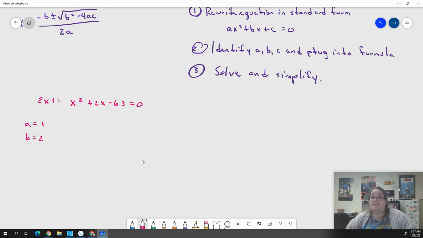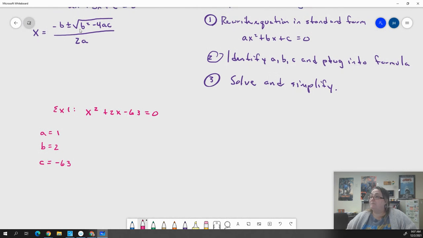It is sign sensitive, so if this was a negative, it would be -2. Our c value is whatever doesn't have any type of variable, right? So that is just -63.